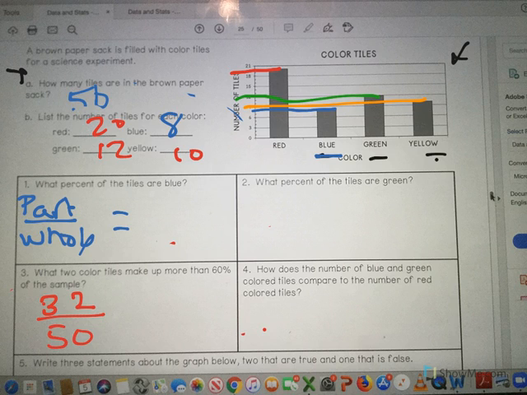Well, that looks pretty good. 32 divided by 50 gives me 0.64, which I know is 64%. So it's red and green. That's our answer there. All right, you could go ahead and finish 3, 4, and 5.